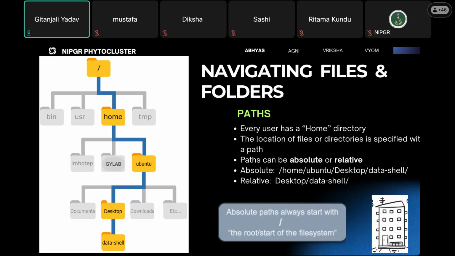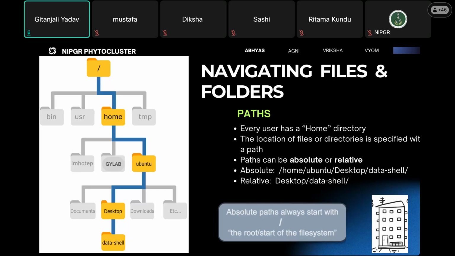In the same way here, there are 3 users, Imhotep, GYLab, and Ubuntu. And within each of these users, their home directory, they have several other things. So every user like GYLab will have my own desktop, my own downloads, my own documents, just like you do on your Windows computers and elsewhere. Ubuntu also has a desktop, documents, downloads, etc. Lots and lots of things.